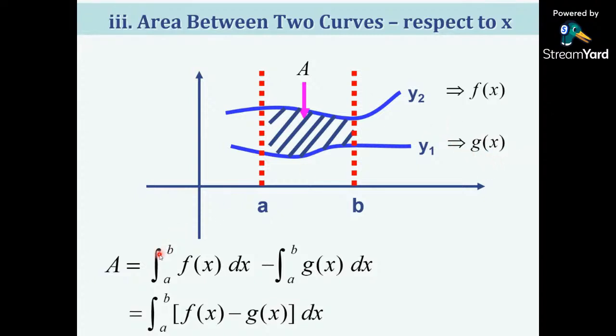To find the area, we will integrate from a until b, the upper function f(x) minus the lower function g(x). So we need to subtract these two. In an exam, UPS, or your assignment, you will need to start with this line over here in the second one: f(x) minus g(x).